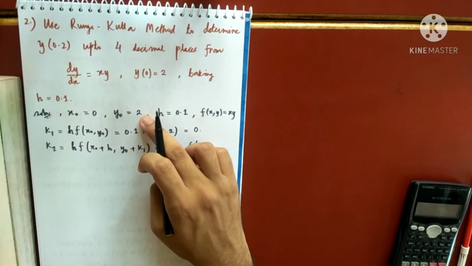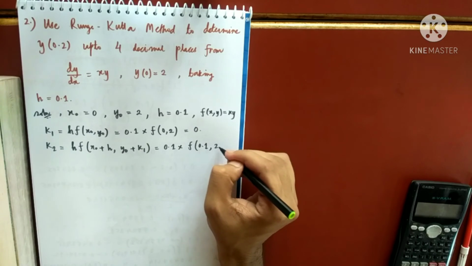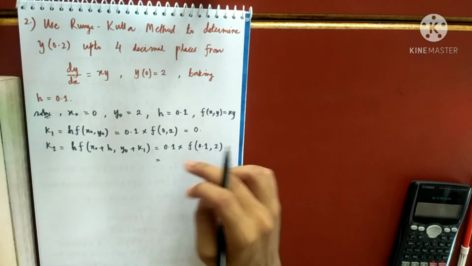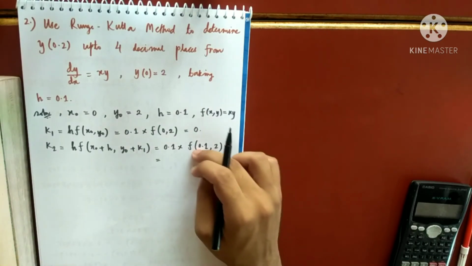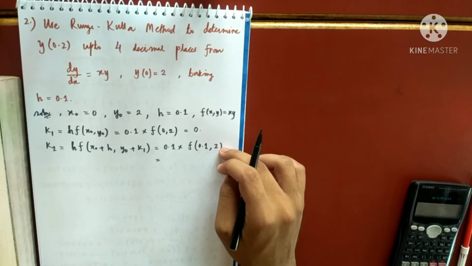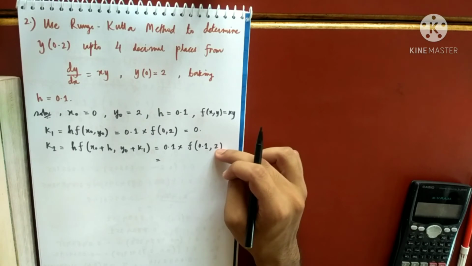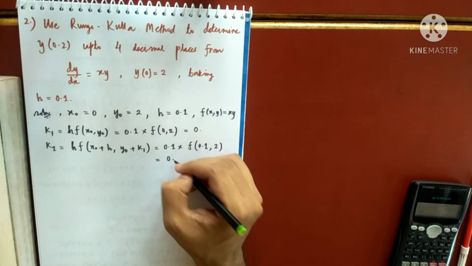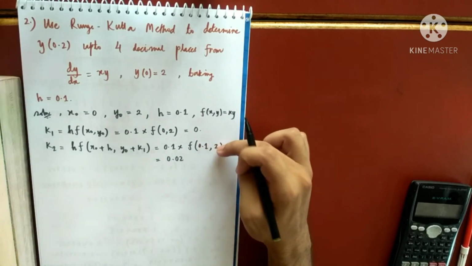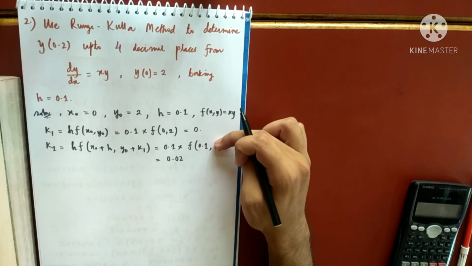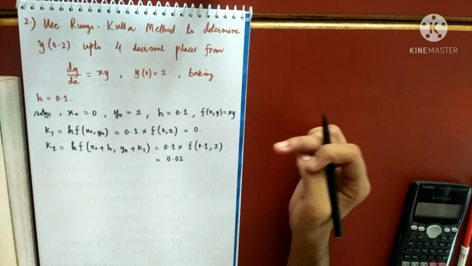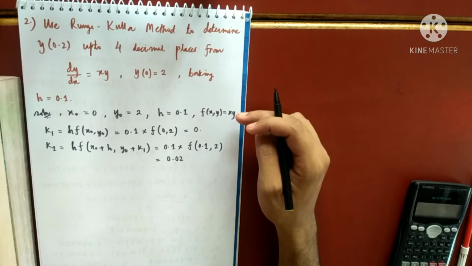So y naught is 2, k1 is 0, so this means 2 only. So 0.1 into this, this into this is 0.2, and 0.2 into 0.1 is 0.02.